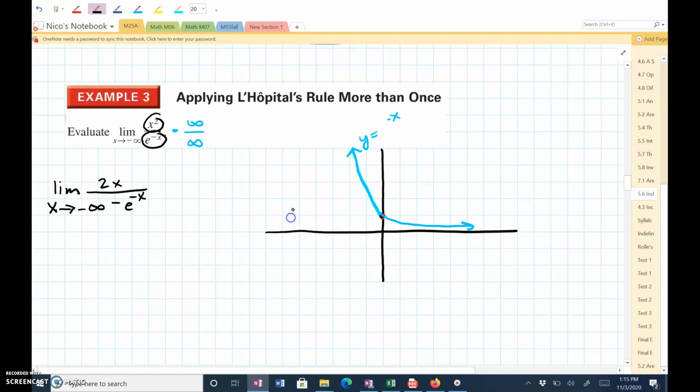Now when we evaluate the limit as x approaches negative infinity, this would be negative e to the negative x.